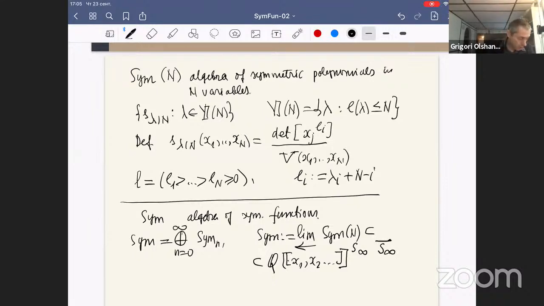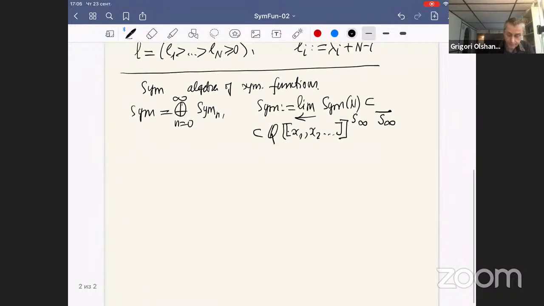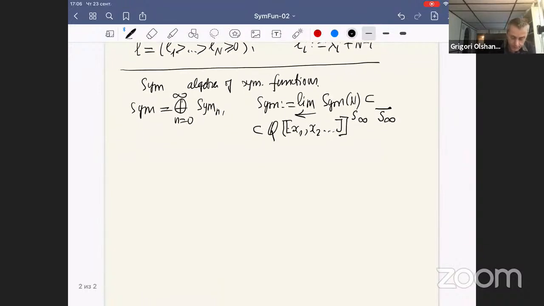Okay. And in the algebra of symmetric functions, we have a basis of Schur functions. Here, lambda ranges over all partitions, and I identify partitions and Young diagrams. And informally, this is the limit as n goes to infinity of the corresponding Schur symmetric polynomials.